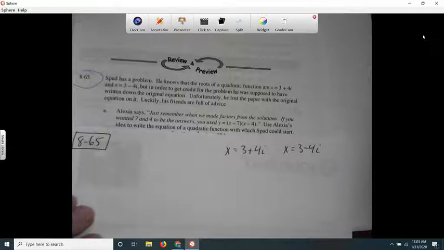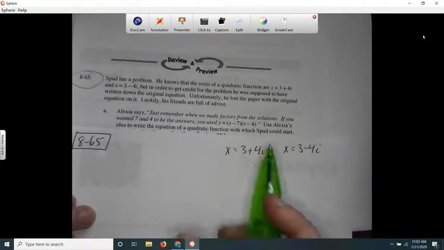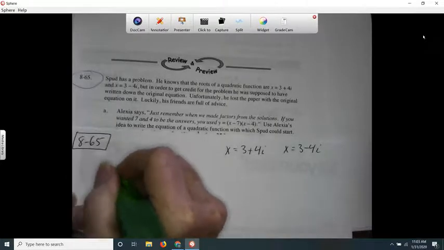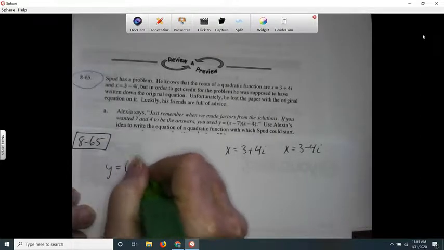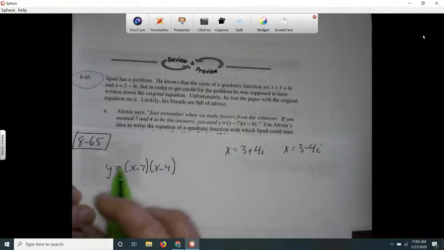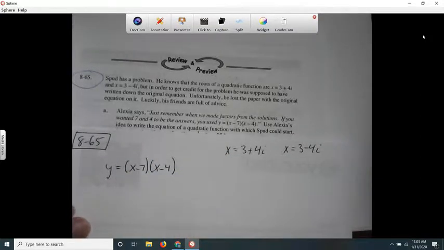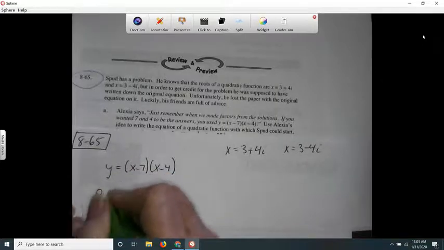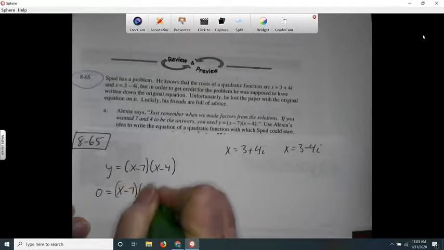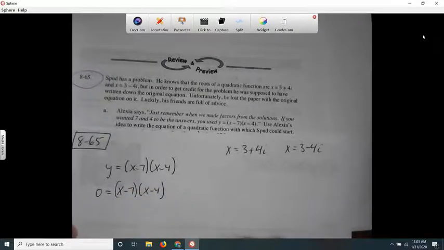So what Alexia is saying here is that if you had that and you were trying to solve it, you'd set it equal to 0. And then you'd use the zero product property.